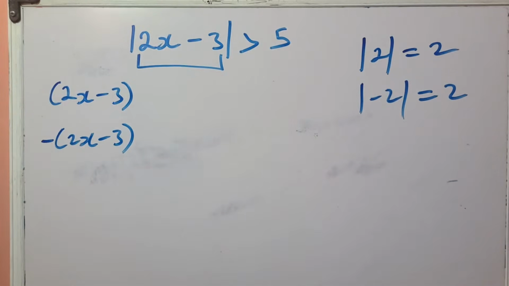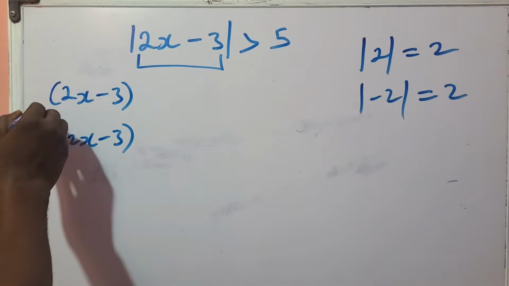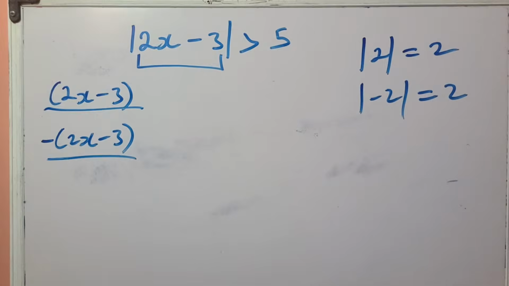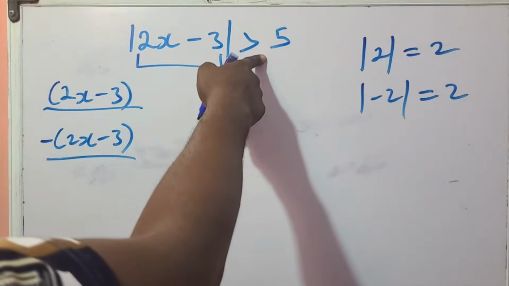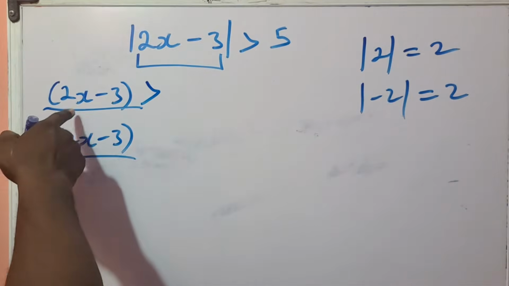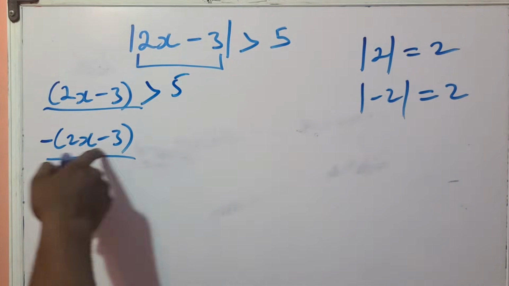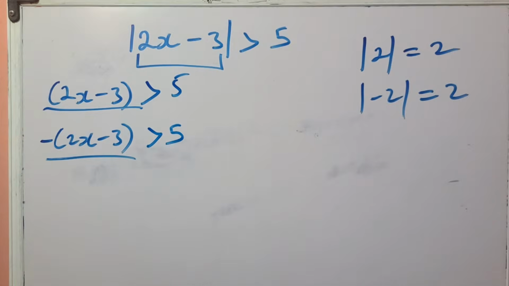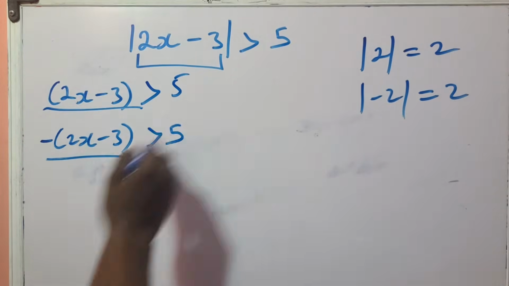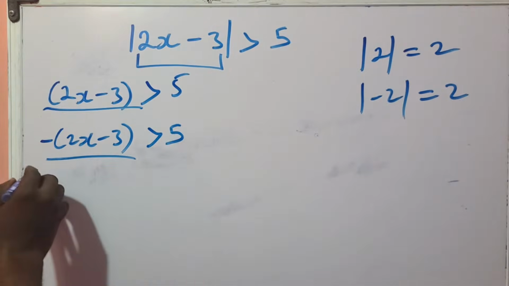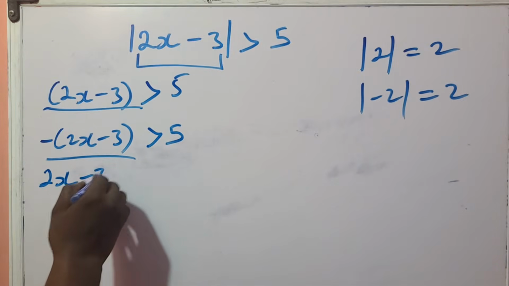So all you have to do is to bring out all the possibilities, which is the 2 different versions I've written, and solve both of them using the inequality. So you solve for when 2x minus 3 is greater than 5, and you solve for when the negative version is greater than 5. All right. Now, let's try and solve for the first: 2x minus 3 greater than 5.